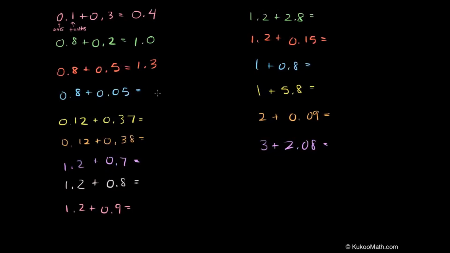Next problem, 0.8 plus 0.05. Again, add the respective places. Since we have 2 decimal places here, and we only have 1 here, you might be wondering, which one goes with which? The tenths place still goes with the tenths place, so I can draw out the corresponding ones. And this 5 here, remember, zeros after the last place in a decimal mean we can add as many as we want, and it doesn't mean anything.